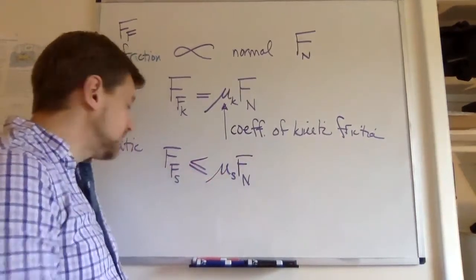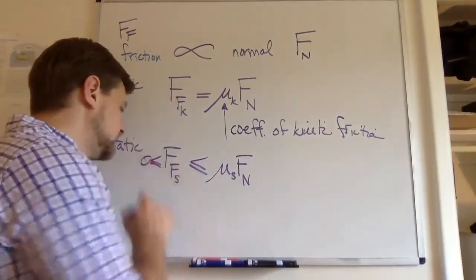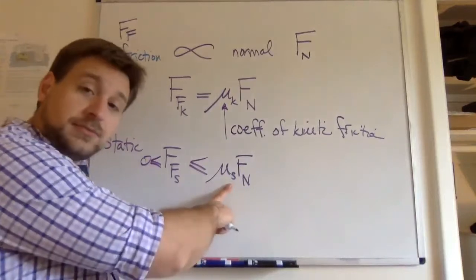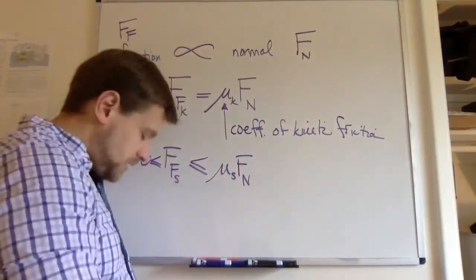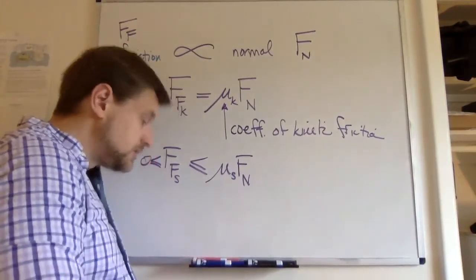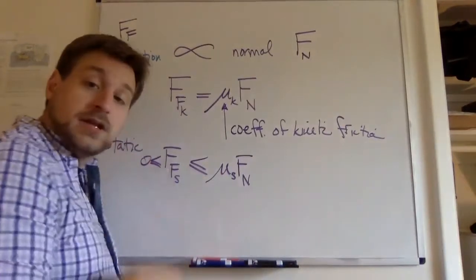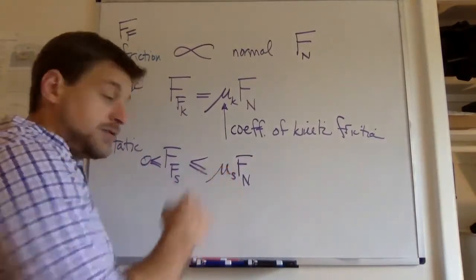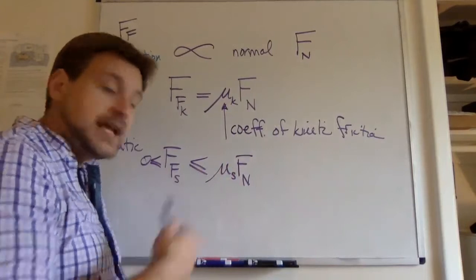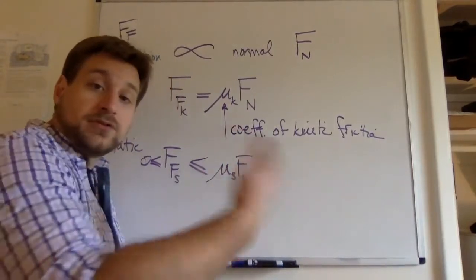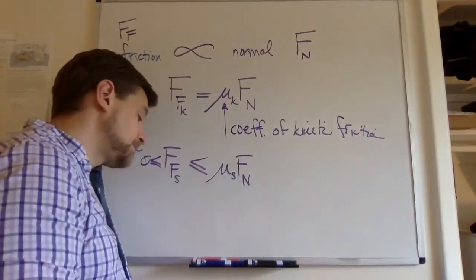It could be anywhere from 0 up to that maximum threshold value. If we're solving problems with static friction, generally we're talking about the thresholding value, and I'll explain more what that means when we work through examples next week.